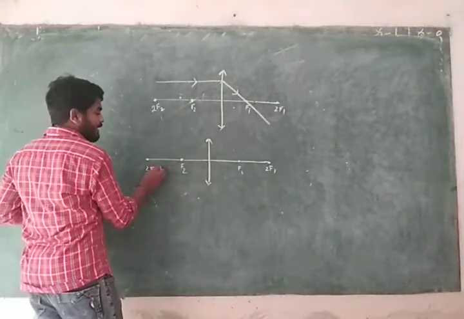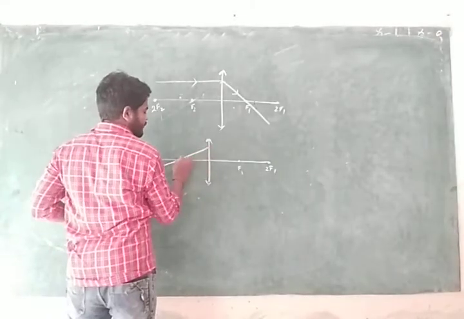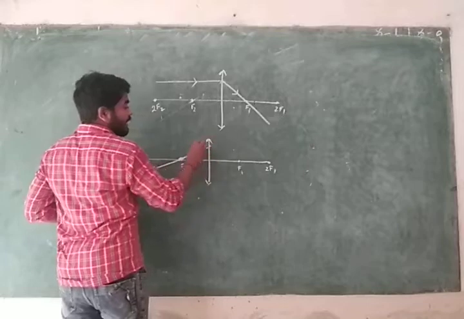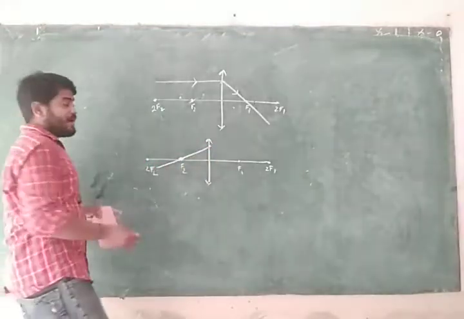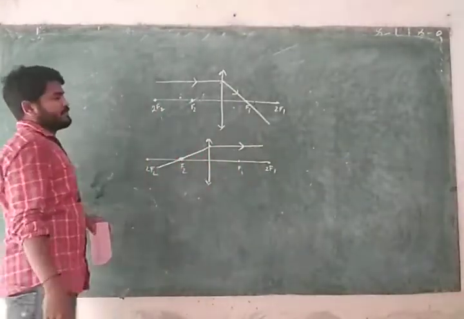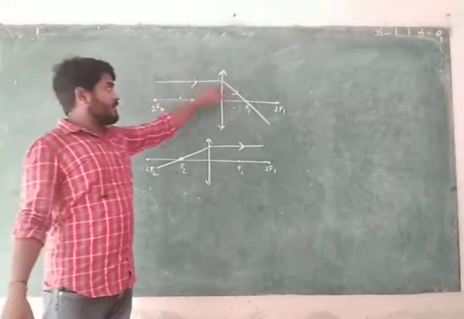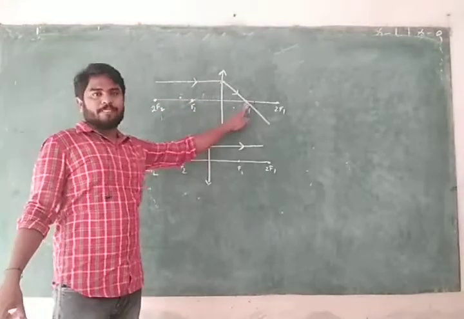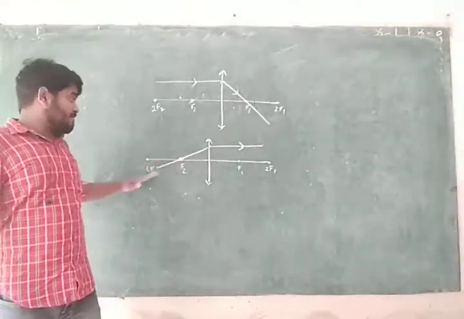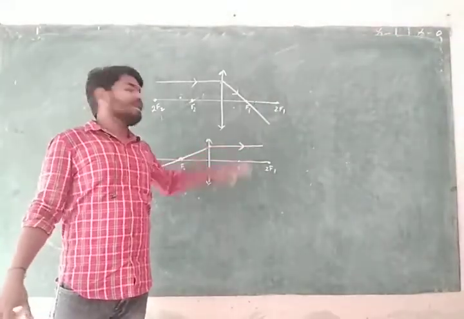Now when a light ray passes through the focal point, then what will happen? After refraction, it passes parallel to the principal axis. Clear? The first light ray, which is parallel to the principal axis, after refraction passes through the focal point. And the second light ray, when it passes through the focal point, after refraction passes parallel to the principal axis.